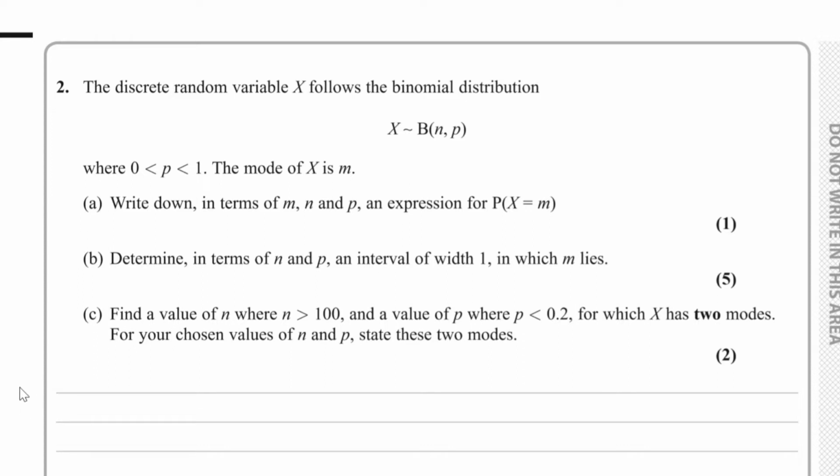Well, for part A of the question, the probability that X is equal to m, we have n choose m, multiplied by p to the m, multiplied by 1 minus p to the n minus m.